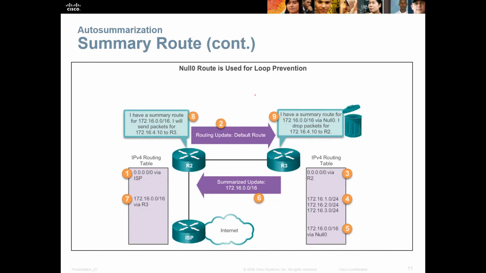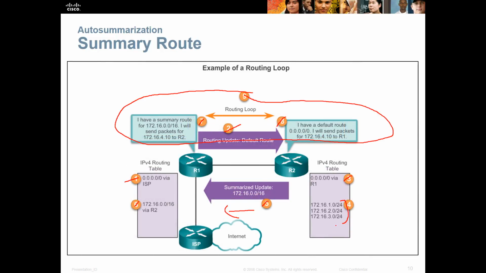So the Null0 route is used for loop prevention. Same general steps, but we also add in a via Null0. It will get this via R3. Notice it's still very similar, but here it's being learned via Null0. Let's go back one slide. Here it wasn't saying anything else; this is what we're sending to R1.